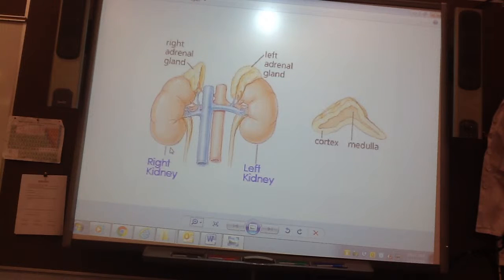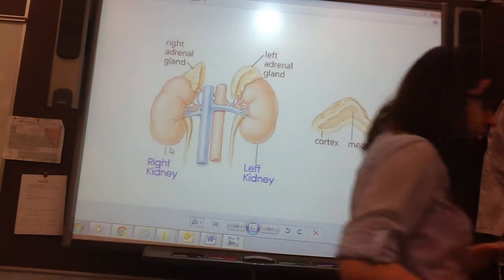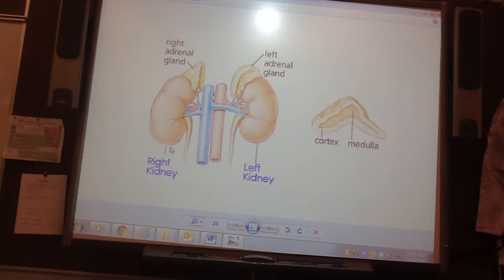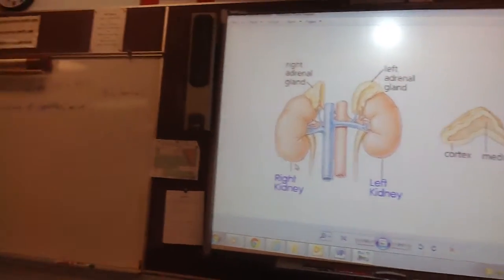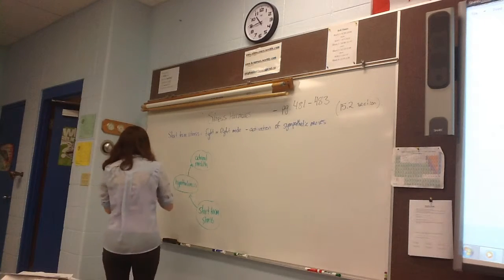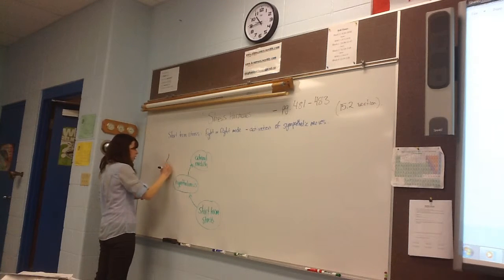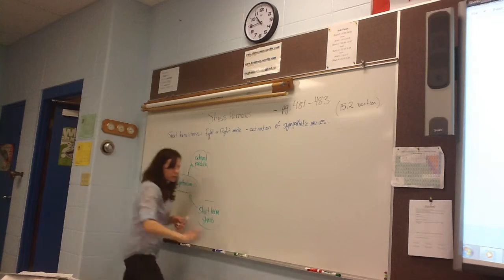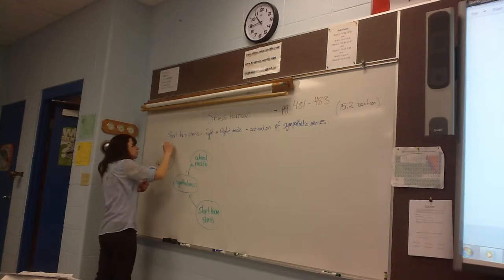So think middle medulla. Around it is cortex. Let's draw a little picture beside our adrenal medulla to show what this is about. Where it says it stimulates the adrenal medulla, it's specifically the middle part of the adrenal gland. So we have a kidney, and on top of it is an adrenal gland.